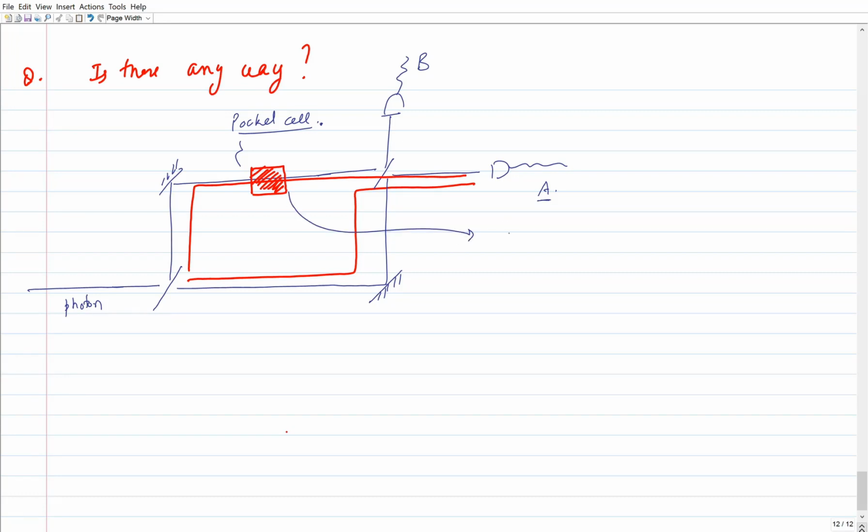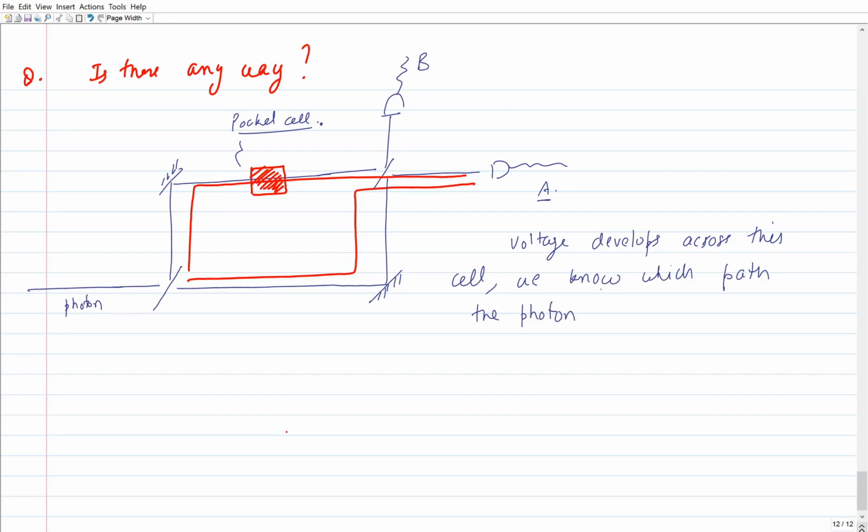So voltage, I'm just making my notes a bit neater, develops across this cell. We know which path the photon took. What happens in this case?